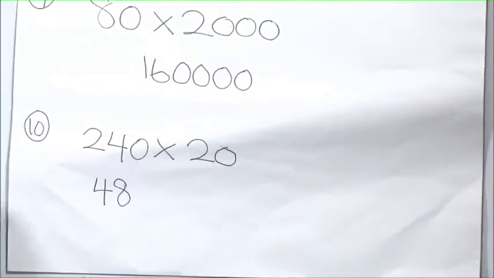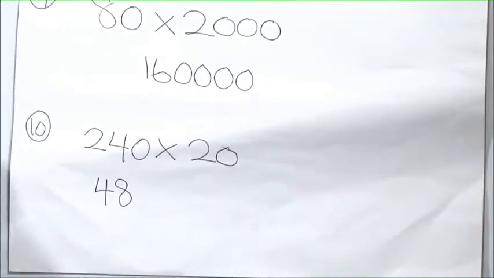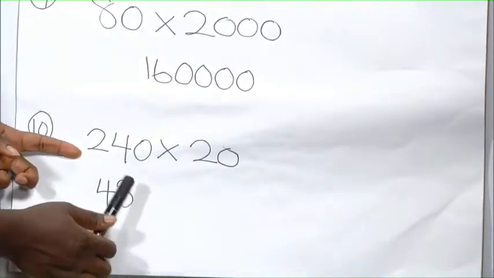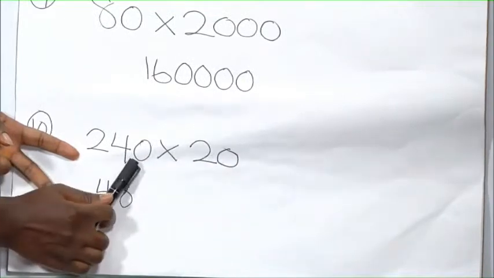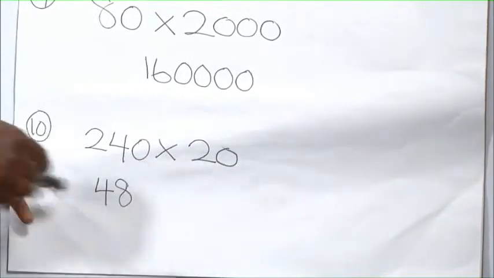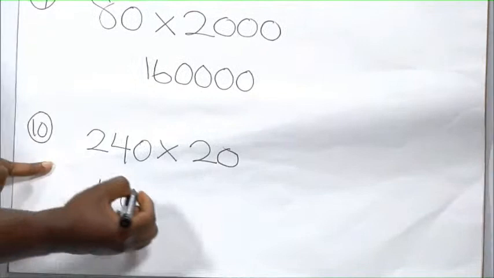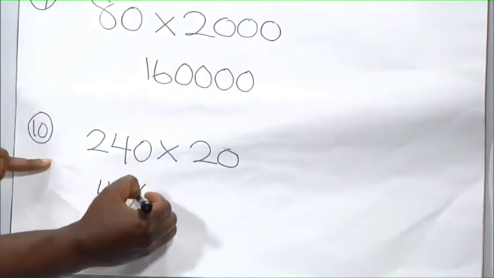Now, let's bring all the zeros to the 48. How many zeros do we have here? 1, 2. We have 1 here and another 1 here, making 2 zeros. So let's bring all the 2.